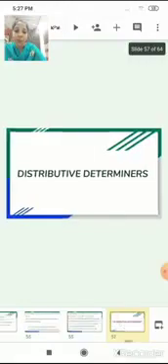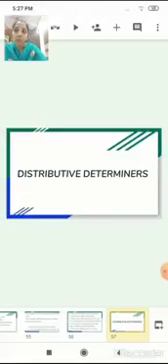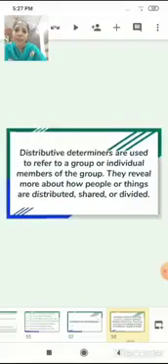Now the next determiner, distributive determiners. Let us see what this is. Distributive determiners refer to a group or individual members of the group.